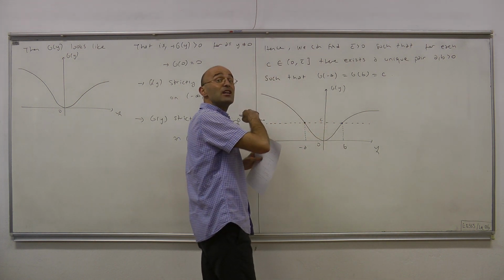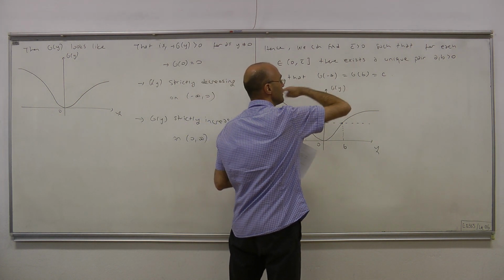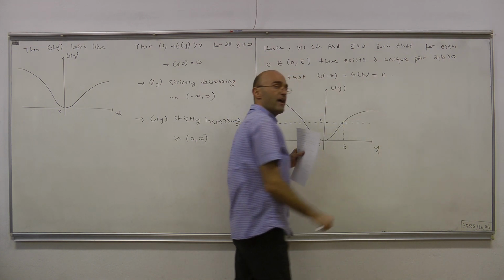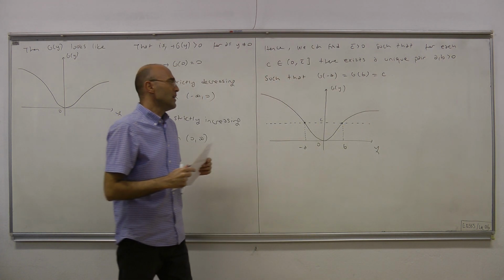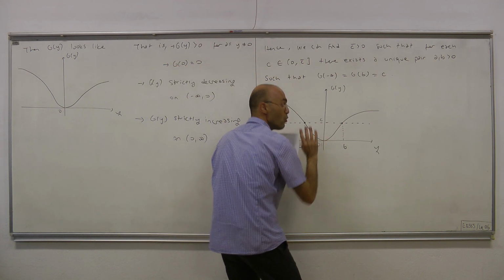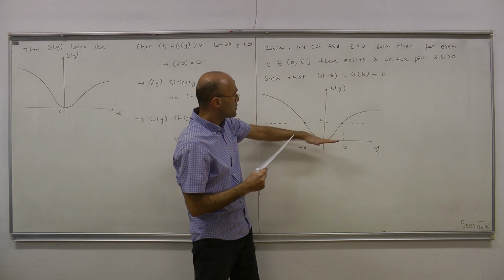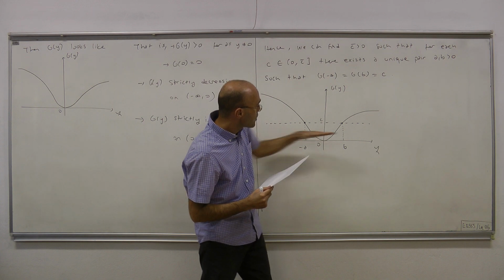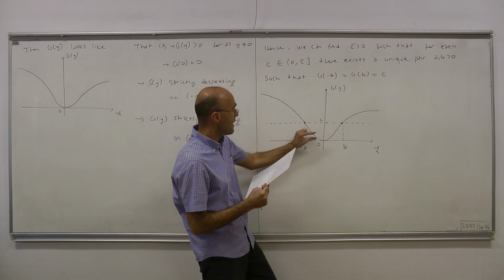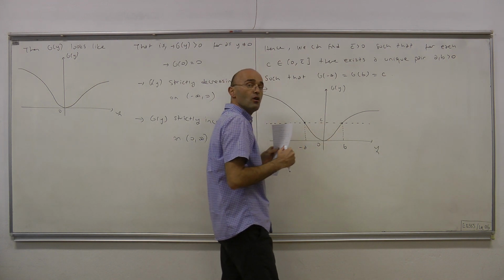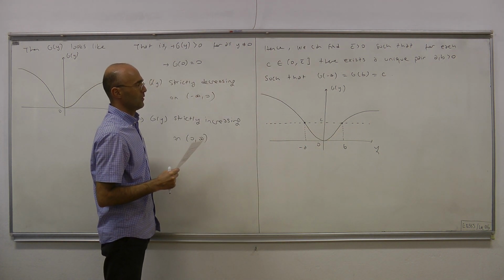If you pick your C too high, somewhere here, then that line will never intersect the tail on the right. But since initially it should move away from the origin, you can always find some height small enough so that when you cut the curve with a horizontal line at that height, you get those 2 points of intersection.